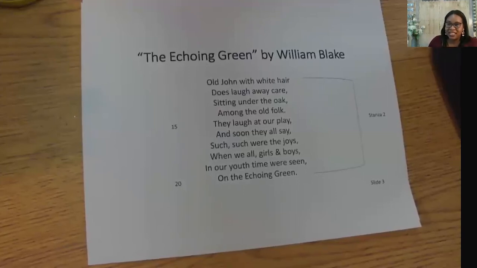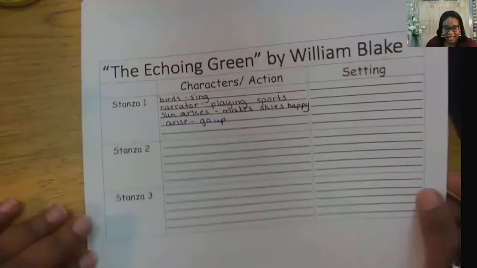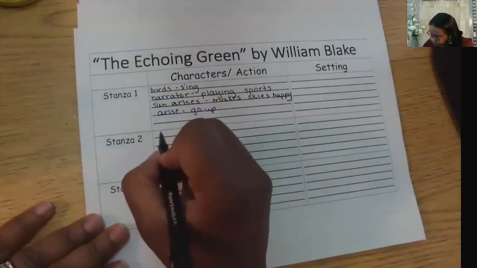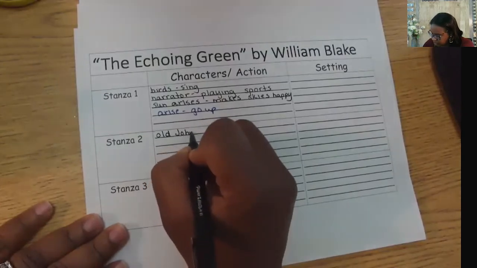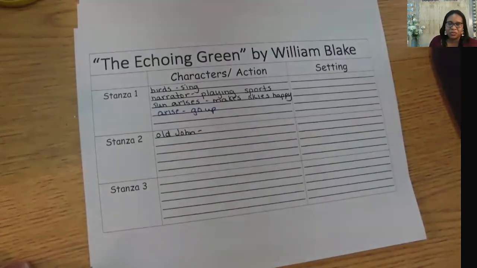What characters did you hear in this stanza? I immediately heard Old John. So let's add that to our chart. And did you hear what Old John was doing? Very good. Laughing away care and sitting under the oak.